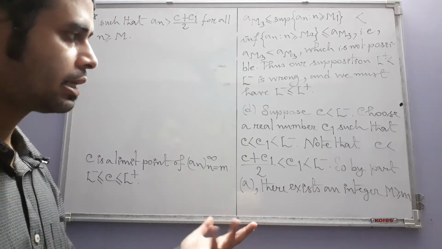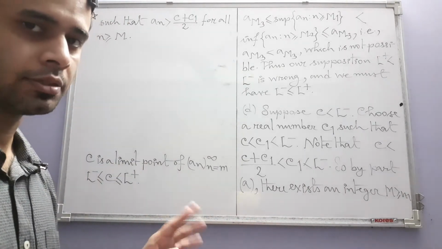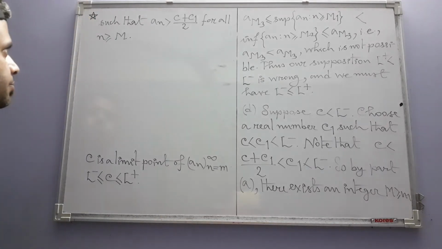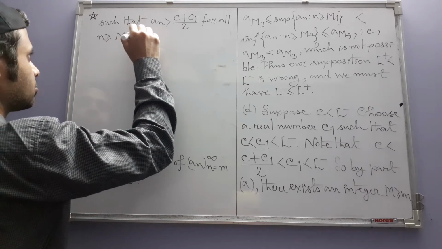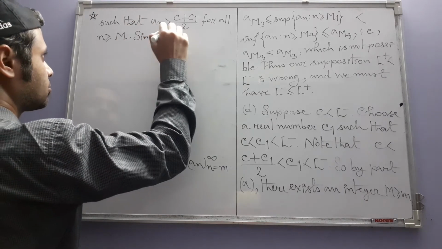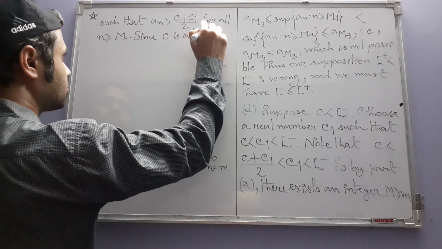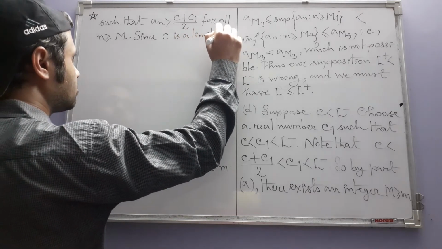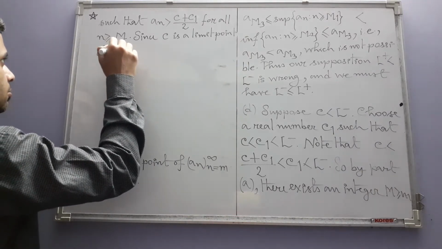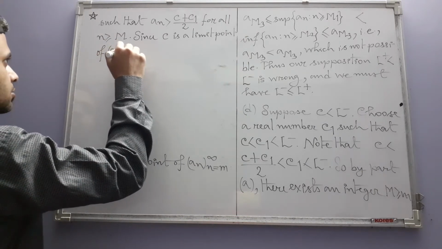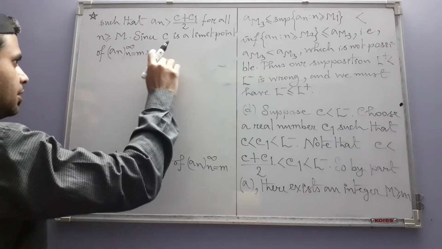So far, note that we have not used the hypothesis that C is the limit point of the sequence. Now we are going to use it. Since C is a limit point of our sequence, so then what will happen?